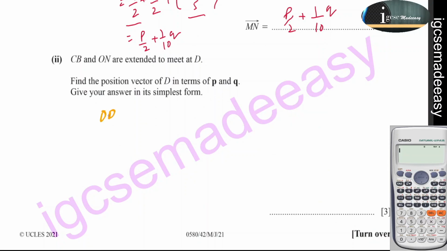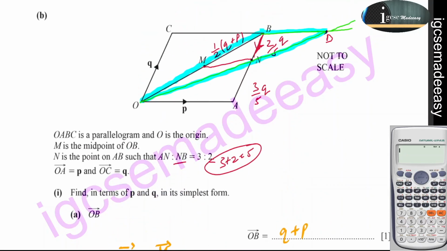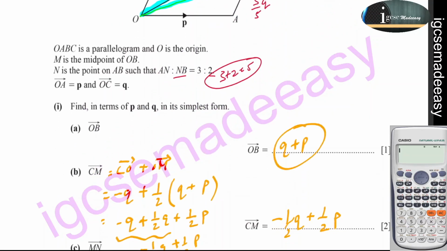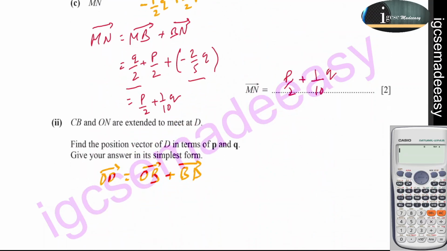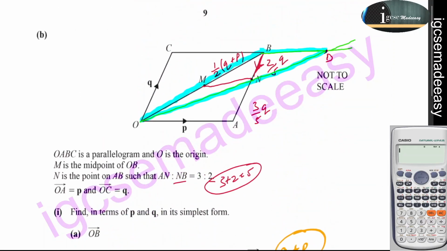So the OD vector equals OB plus the BD vector. What is OB? OB we just got: OB is q plus p. And BD we have to find, right? So this BD vector we can find.